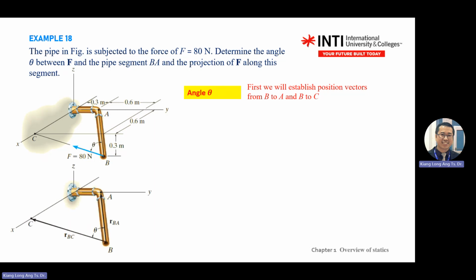Okay, so in your diagram, we expected you to draw R component. So in this case, there is an R in B to C direction, R in B to A direction, like this diagram. Okay.